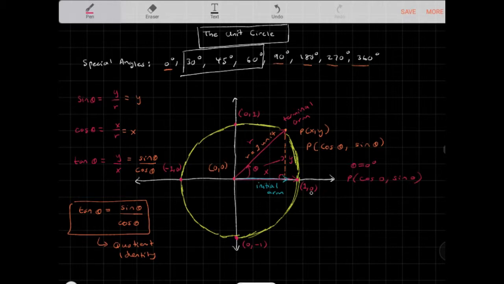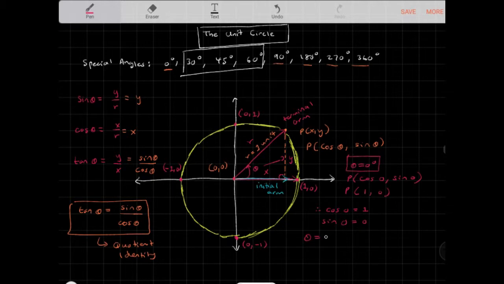This is also equivalent to the coordinate in terms of x and y as 1 and 0. You guys see that? So as a result, cosine 0 is equivalent to 1 and sine 0 is equivalent to 0. So these are the values associated with cosine 0 and sine 0. Let's try another one.